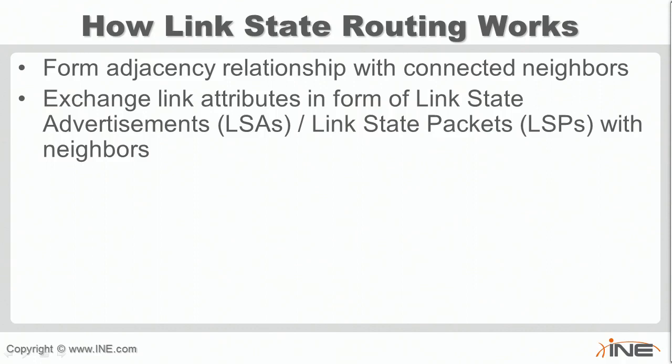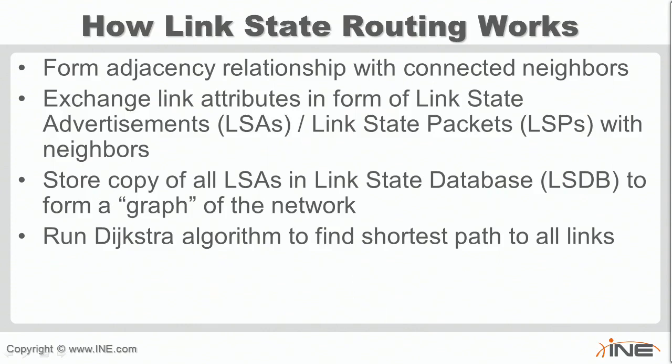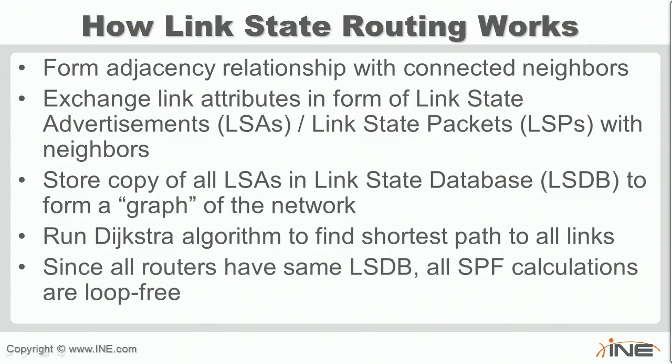I'm telling you the different attributes of my connected interfaces, and also what other routers I'm connected to. The ultimate goal of this is to form an overall picture of the network, what we consider the link state database. The link state database is basically a graph, or a map, of the network that we can then use to run the SPF algorithm and ultimately come out with the same shortest path tree.